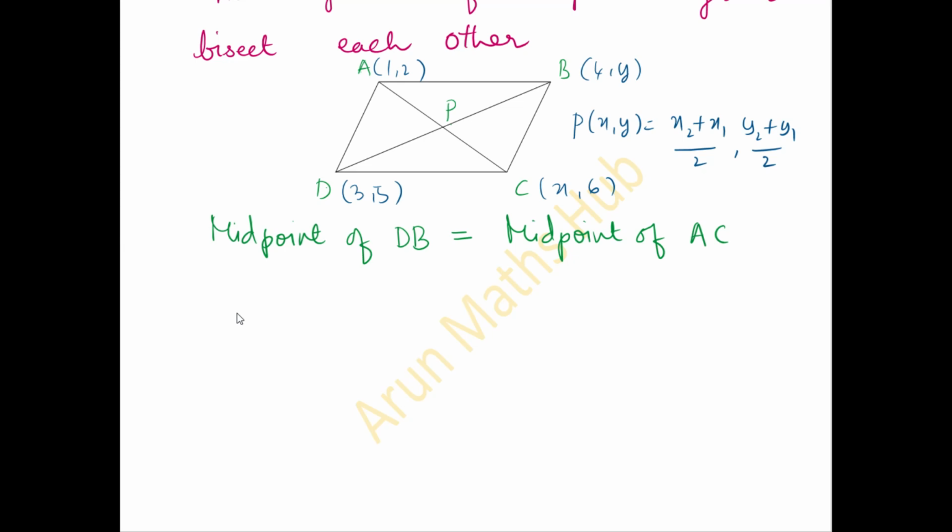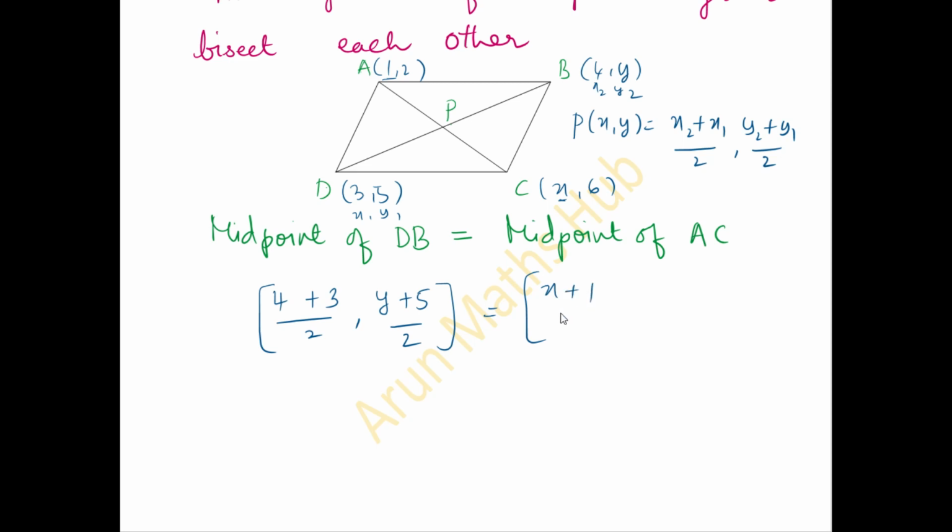Now we'll find the midpoint of DB, considering these as (x1, y1) and (x2, y2): ((4 + 3)/2, (y + 5)/2), which is equal to the midpoint of AC: ((x + 1)/2, (6 + 2)/2).